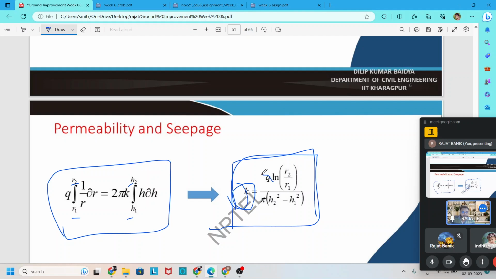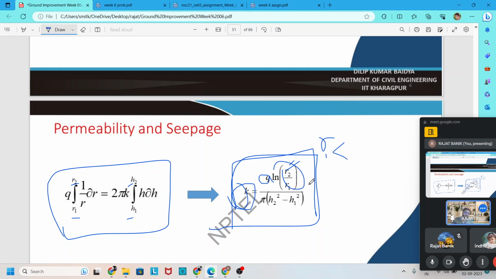We know the flow rate from the pumping arrangement. We know the distance over which we find this permeability, from R2 to R1. So we know this distance. Also, with piezometers, we know the groundwater table below the ground surface.